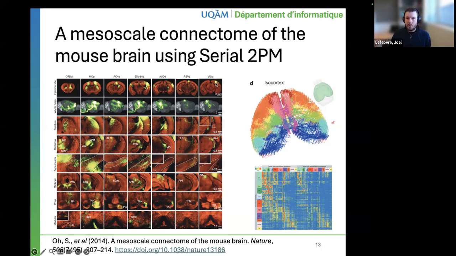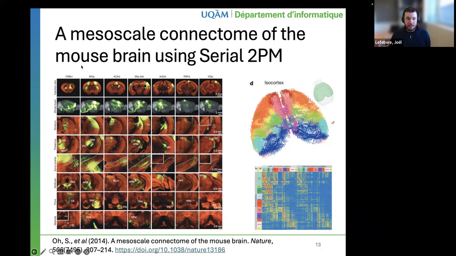They waited a few weeks to let the virus infect the whole axon and its projection. After that, they sacrificed the mice and imaged them with a serial two-photon microscope. I will explain exactly later what serial two-photon microscope means, but for now, we can just assume it's a way of doing two-photon microscopy in whole brains at micron scale resolution.